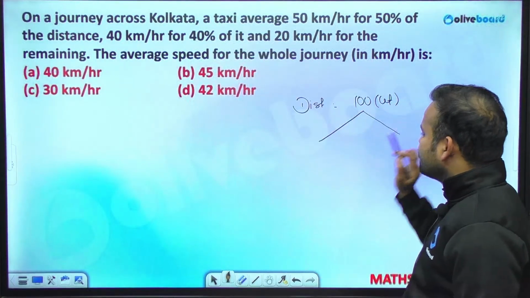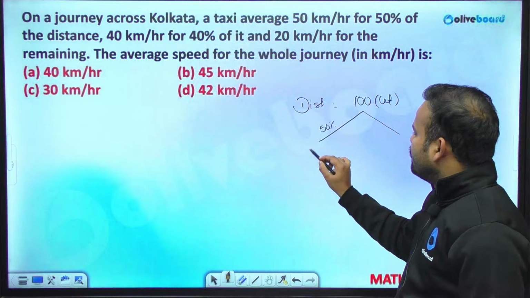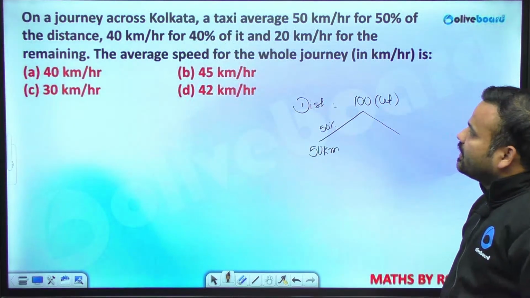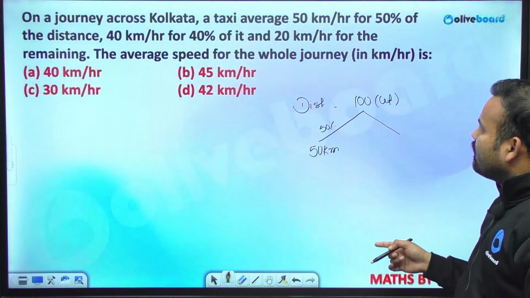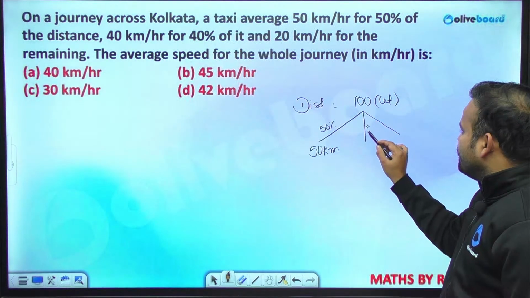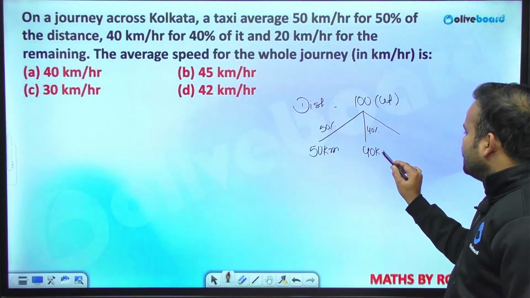So 50% of the journey will be 50 km. 40% of the same, not of the remaining, will be 40 km, and what is left out is 10 km.